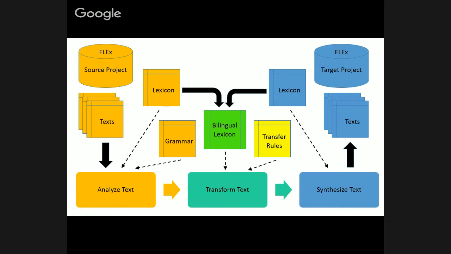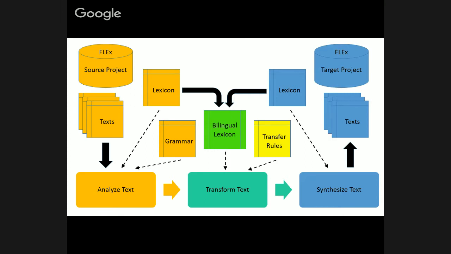So here's a diagram of kind of what the system looks like. You've got a Flex project on each side. One is the source and one is the target. And you, of course, have a lexicon and text in each side. And grammar comes into it, especially on the source side, but also a little bit on the target side. And there's three main processes that you go through in a transfer-based system.